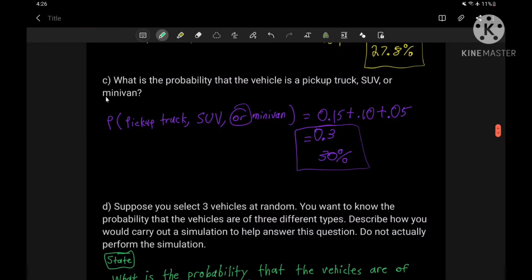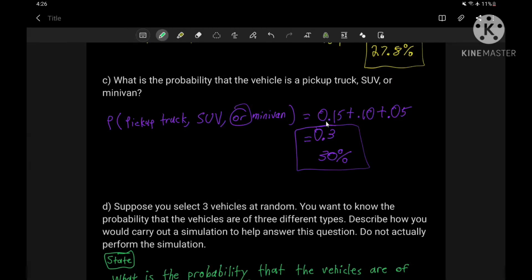For part C, what is the probability that the vehicle is a pickup truck, SUV, or minivan? So what we do here is that we should find the probability of pickup truck, SUV, or minivan. But there's a key word to this. It's or, meaning that we can add up all three of those.